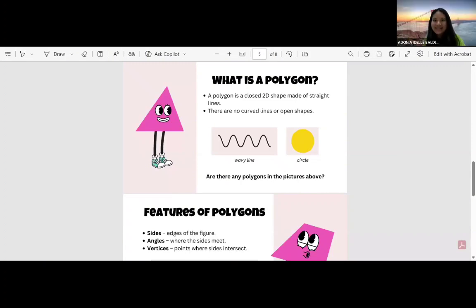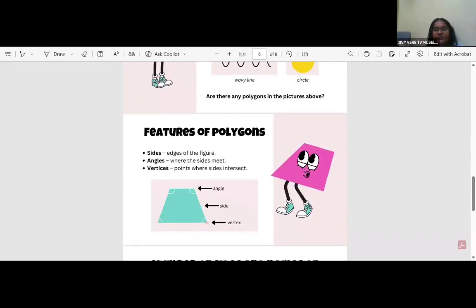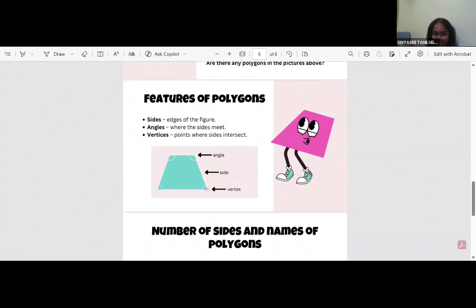Yes. You think circle is a polygon? Okay, it was a good try, but it is not a polygon because it has no straight lines. Circle is not considered a polygon. All right, but it was a good try.